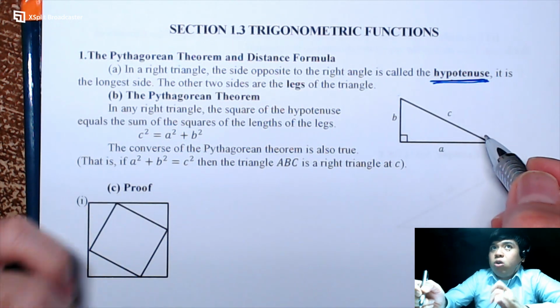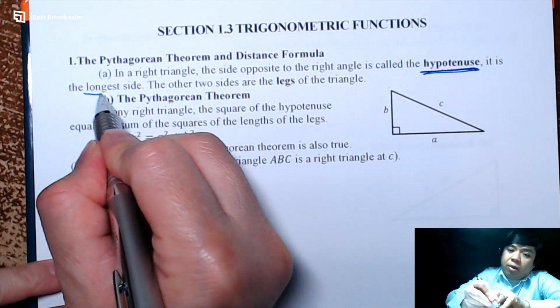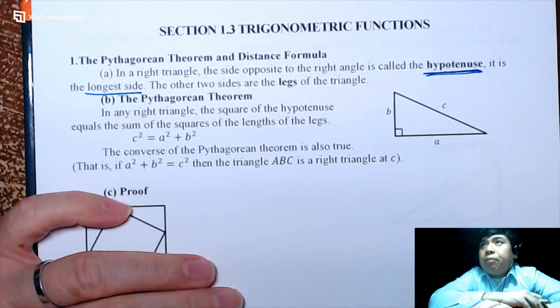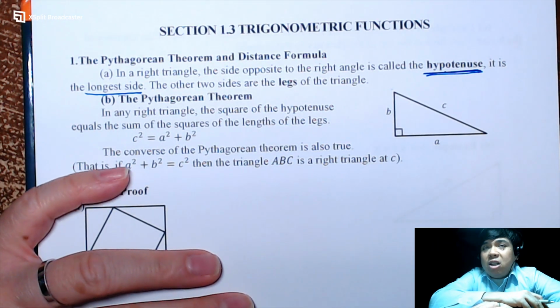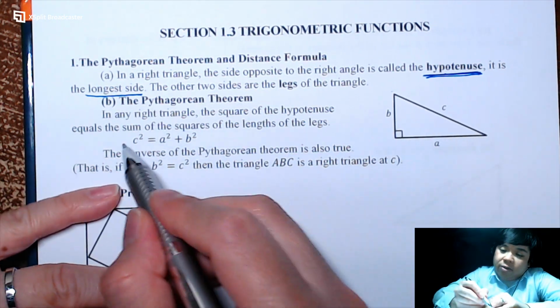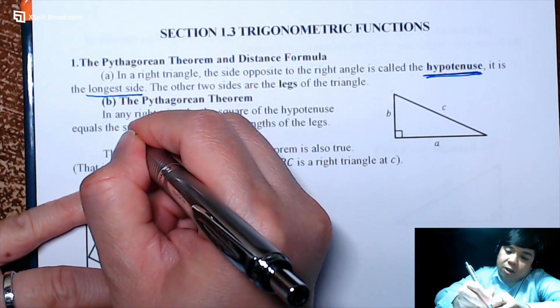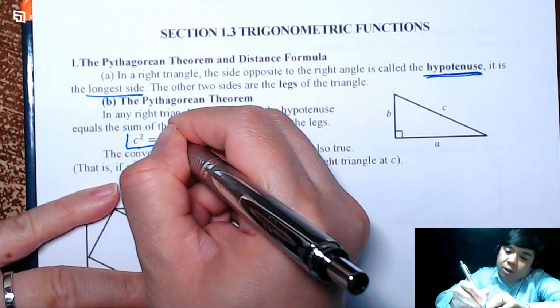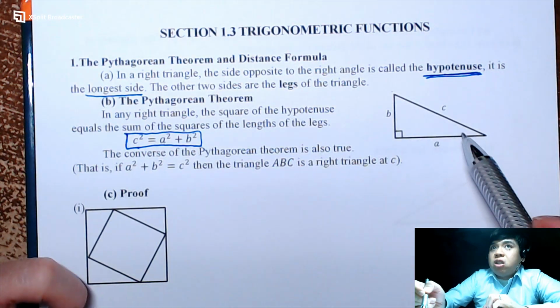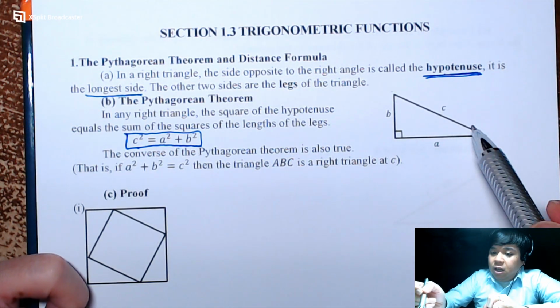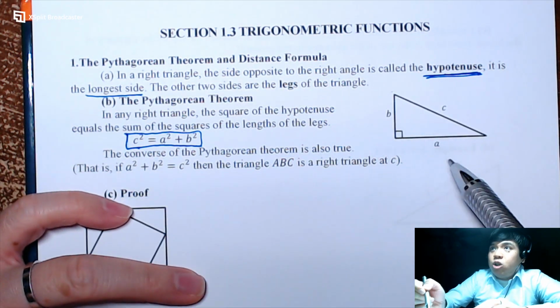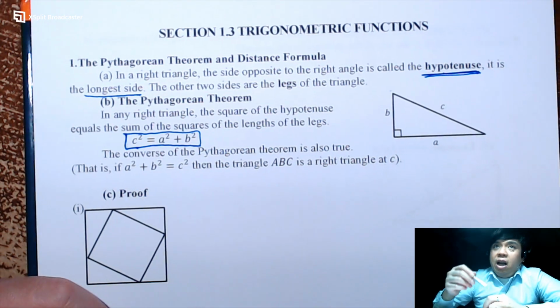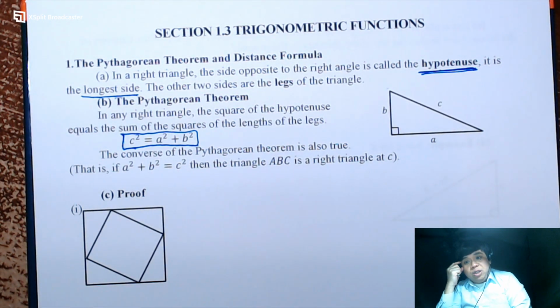So the hypotenuse is the longest side of a triangle. And the Pythagorean theorem says the square of that longest side is equal to the sum of the squares of the other two sides. So a squared plus b squared is equal to c squared. Okay, and look at the proof.